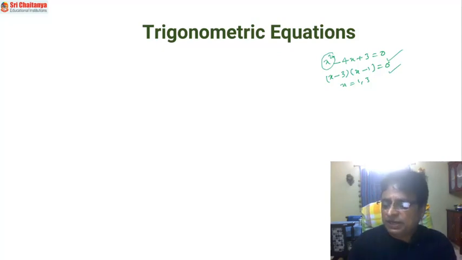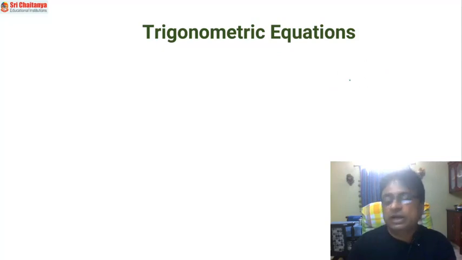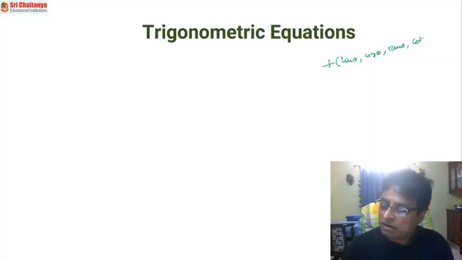Like that, if any equation involves at least one trigonometric term, that means the equation contains sine, cos, tan, cot, secant, cosecant, one or at least one of these terms, then they are called trigonometric equations.